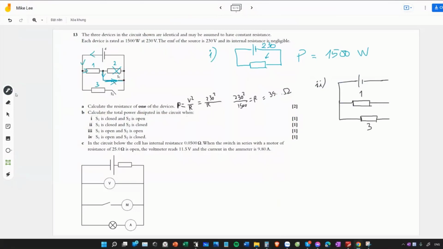So they are connected like this. 230 volts. So each resistor is provided with this voltage of 230 volts, and therefore the power is 1500 for the first resistor added with 1500, so the sum is 3000 watts.